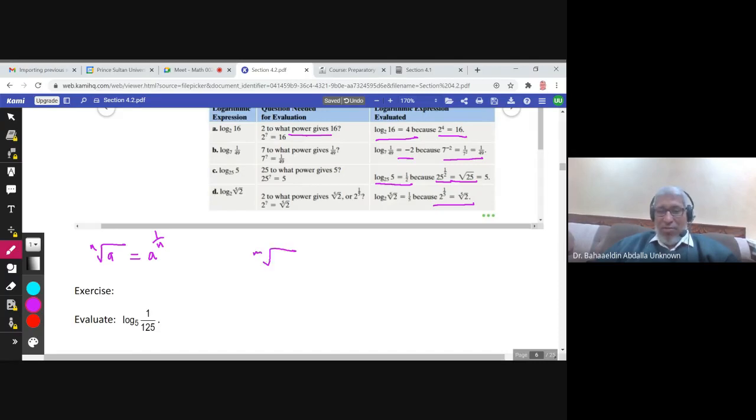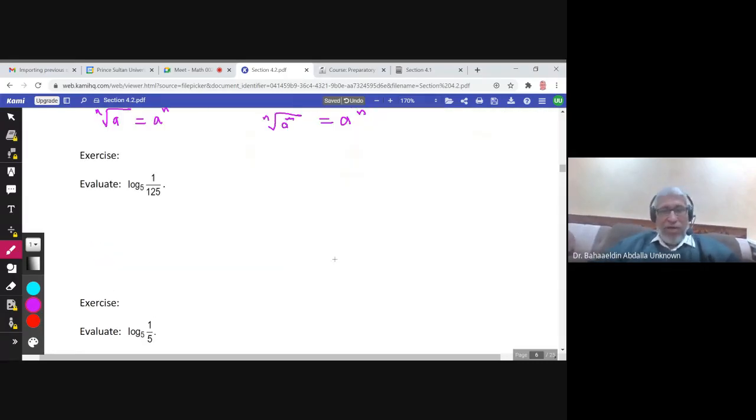Also, the nth root of a to the power m, you can write it, and usually they write n here and m here. It doesn't really matter. If you write m here and n here, then it is a to the power m over n. Okay, so for example, evaluate this. So you have to think 5 to what power equals 1 over 125.